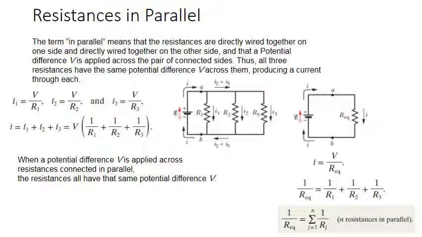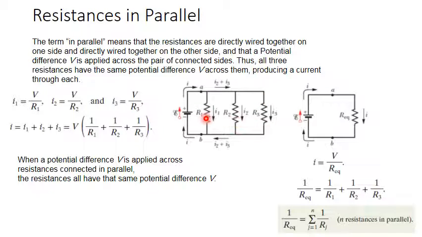What will be the case if you are talking about resistances in parallel? Resistances in parallel means that the resistances are directly wired together on one side and directly wired together on the other side. What does this mean? If I'm assuming this resistance R1, with terminal 1 and terminal 2 of resistance 1, and here resistance 2 with terminal 1 and terminal 2, and resistance 3 with terminal 1 and terminal 2.